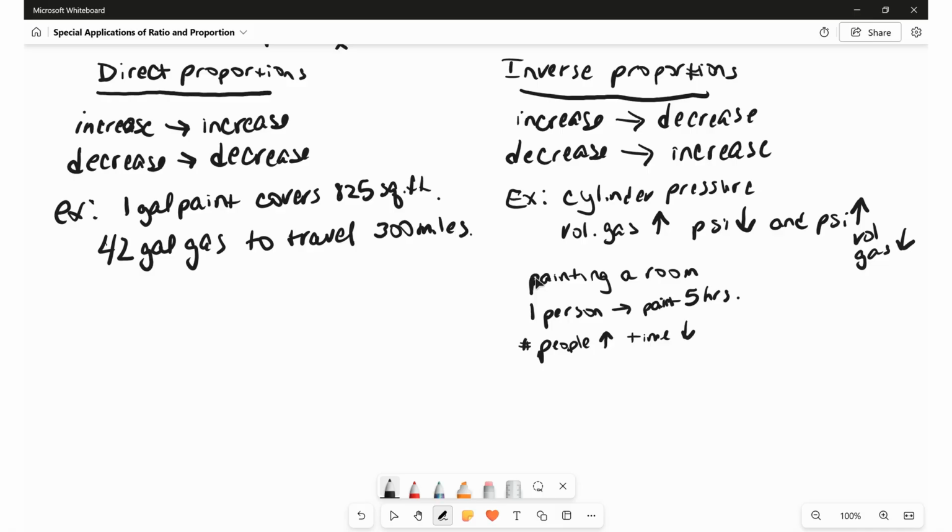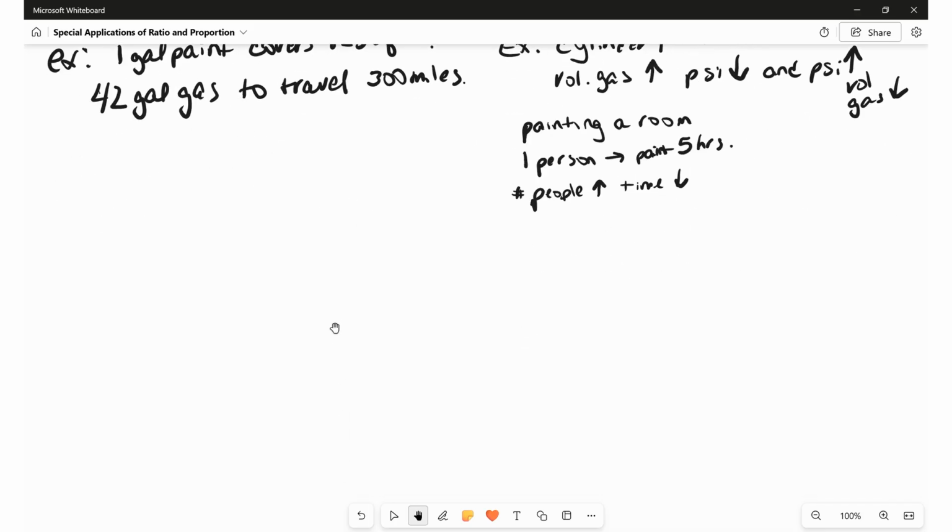All right. So let's look at a couple of math examples for both of these. So first of all, let's look at a direct proportion. Okay.